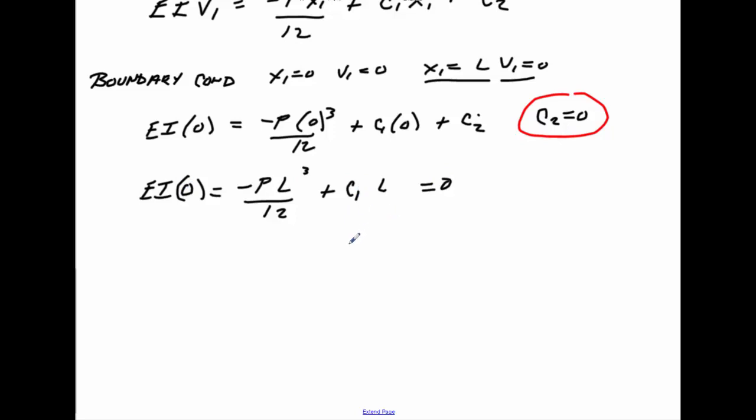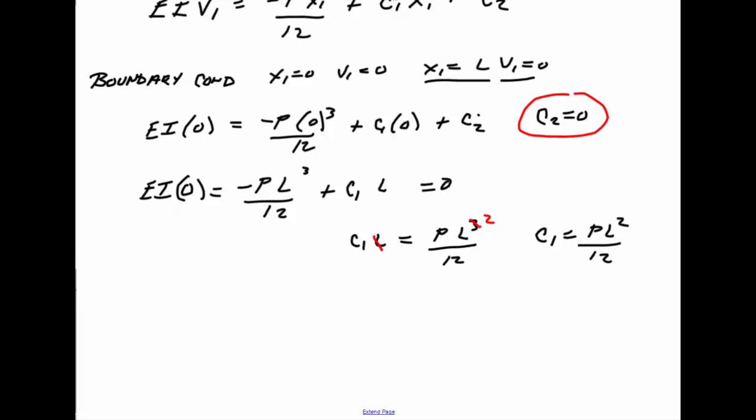Move this to the other side. I'm going to get C1 L is equal to P L cubed over 12. I divide by the L here and here. That gives me an L squared. So now you know that C1 is equal to P L squared over 12.